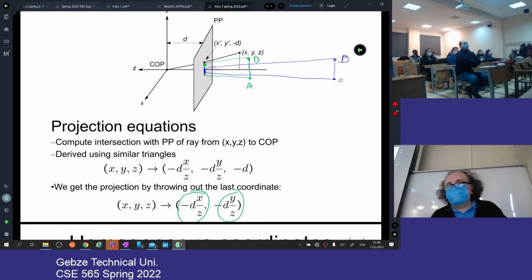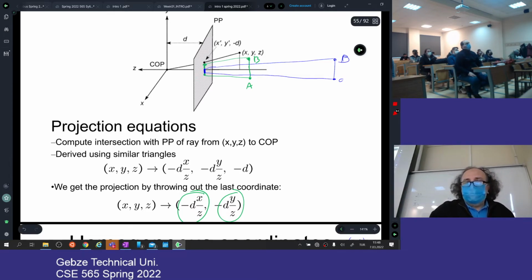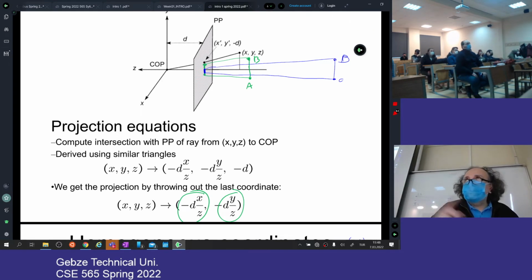Using the similarity of the triangles, I can say transform XYZ to X over Z times D minus D, and Y over Z times D minus D, and put them together, and now I have this formula. So I can transform these 3 points into these 2 points. So divide it by Z and multiply it by D.